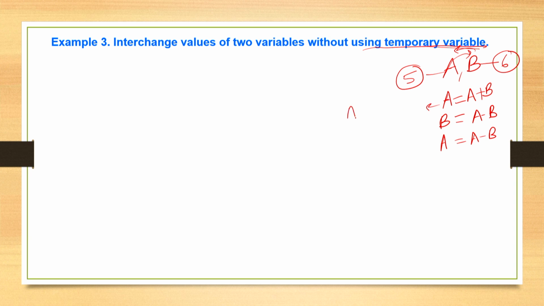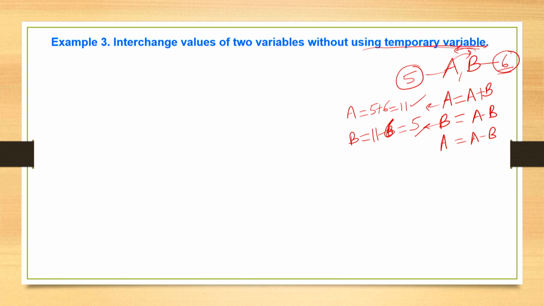According to the first step, A will be equal to what? A plus B, that is 5 plus 6, which becomes 11. Okay. Then the next step says B is equal to A minus B. Now the value of A is 11, so 11 minus B. The value of B is 6, so here we take 6. 11 minus 6 becomes what?